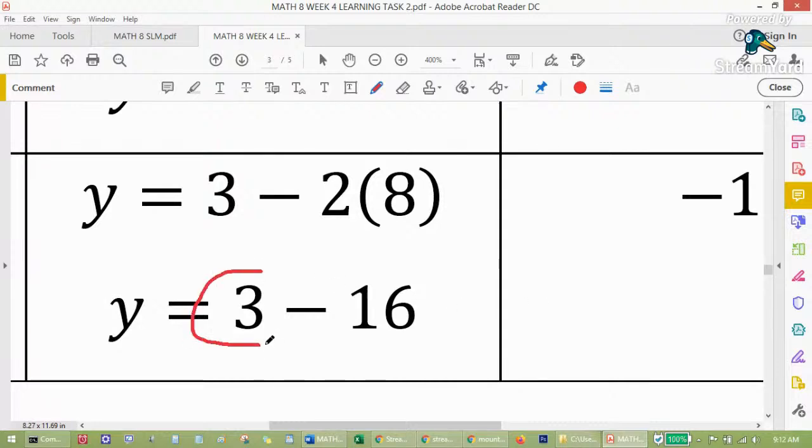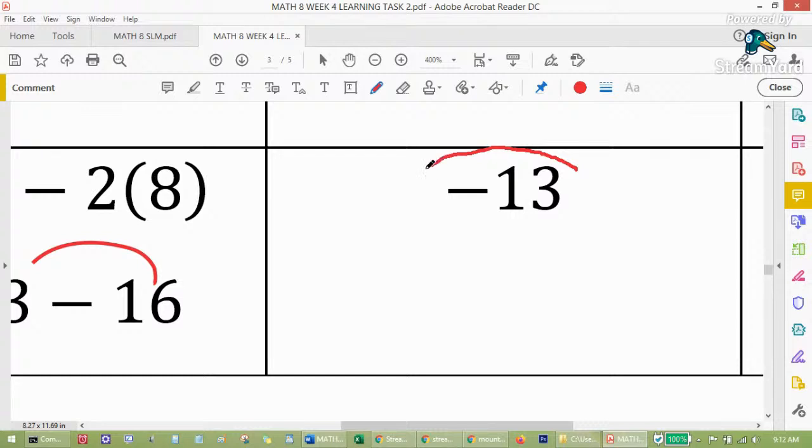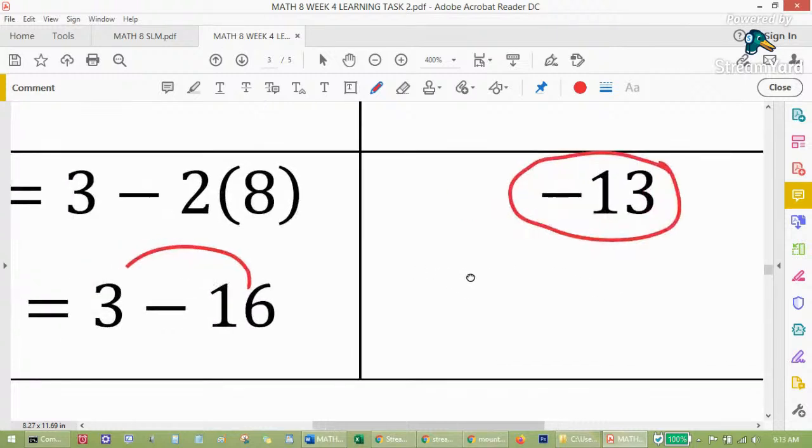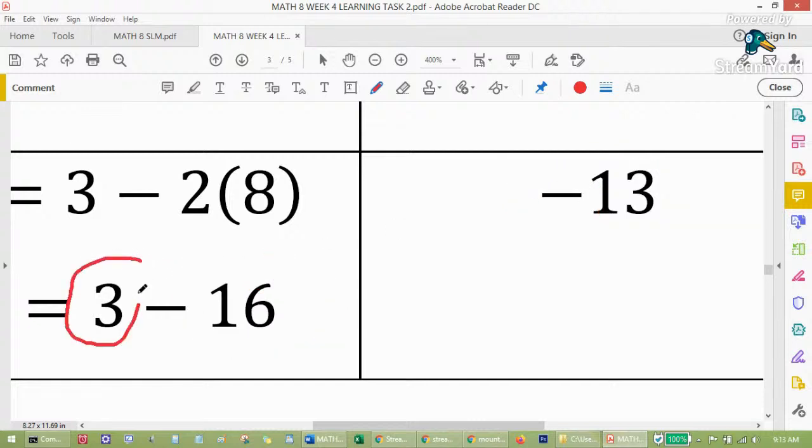So again, meron tayong positive number and negative number. So, subtract natin. 16 minus 3 is negative 13. Bakit negative 13? Because 16 minus 3 is 13. Bakit natin sinubtract?